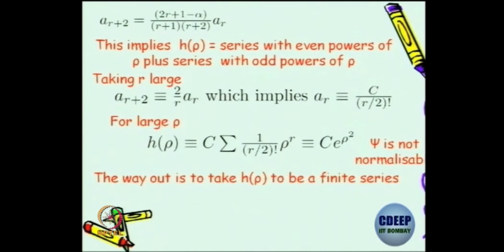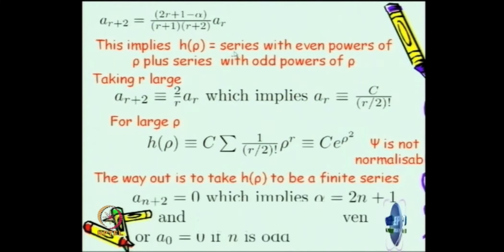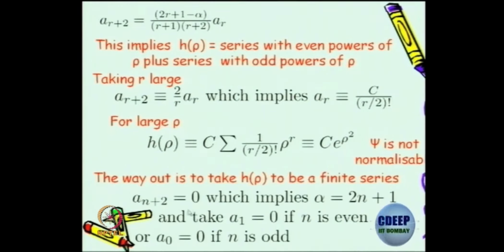Once you put that to be 0, then by this recursion relation, all the higher powers will be 0. So let's put an plus 2 to be 0. Once I put an plus 2 to be 0, then the only way this will be 0 is that alpha will be equal to 2n plus 1.